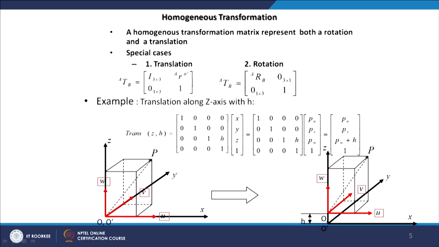So now we consider the homogeneous transformation. So far we considered only rotation about the x, y, z axis or rotation about any general axis.